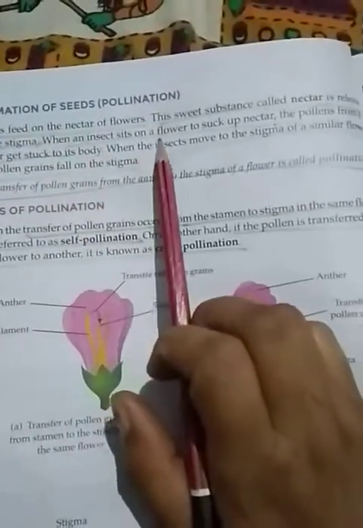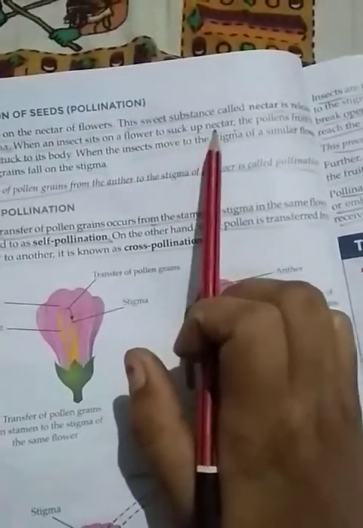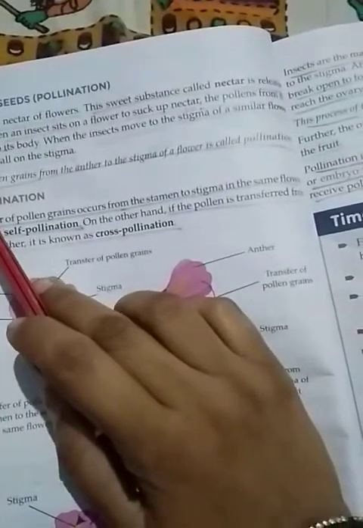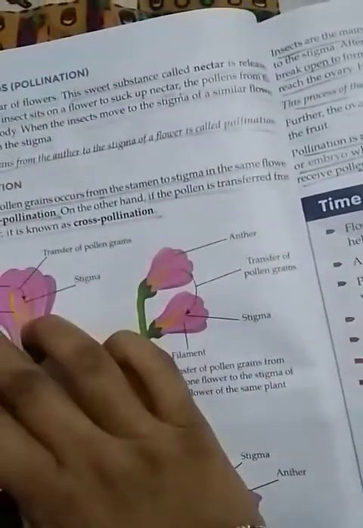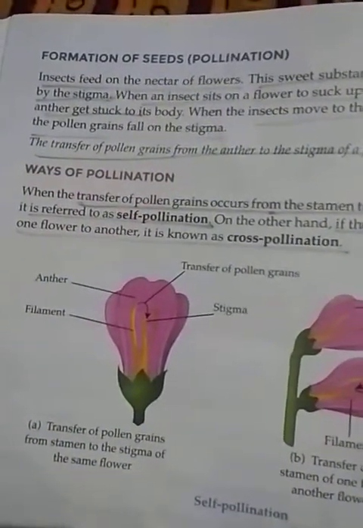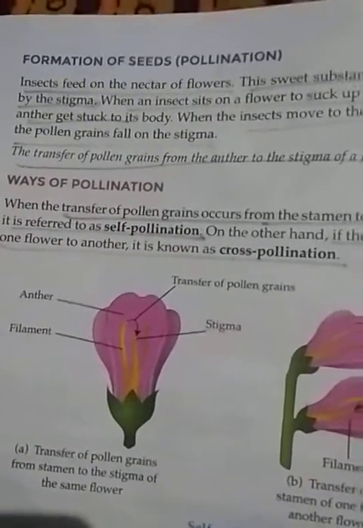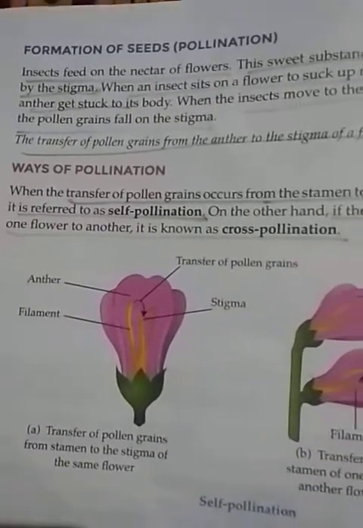When an insect sits on a flower to suck up nectar, the pollen from the anther gets stuck to its body. So these insects are sitting on different flowers, on a stigma to suck the nectar, and when they are sucking the nectar, what happens to their body? These pollens, that yellow powdery substance, get stuck to their body.